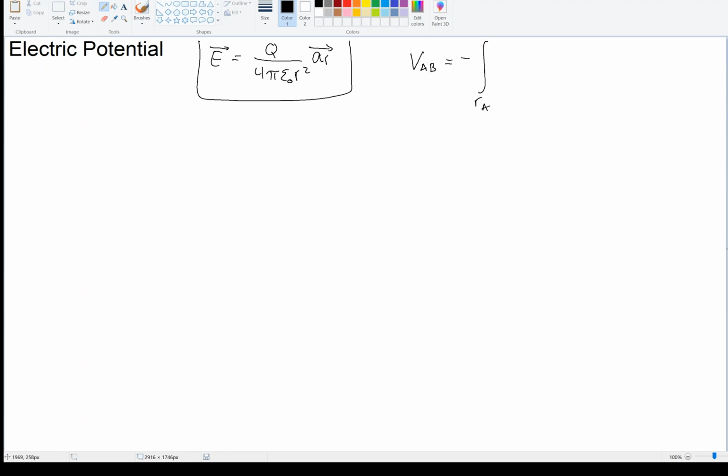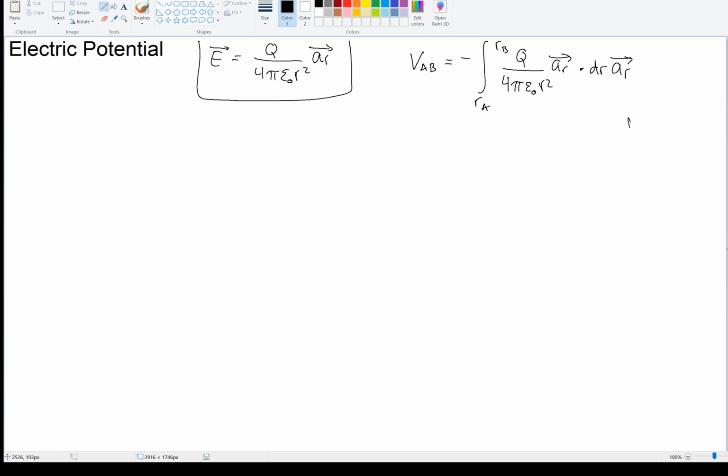from some point that's a distance a away from the origin to some distance b away from the origin. So we would say E dot dl. And when I dot with dl, I only need the radial component of my path, because the phi component and the theta component, when dotted with E here, will be 0.